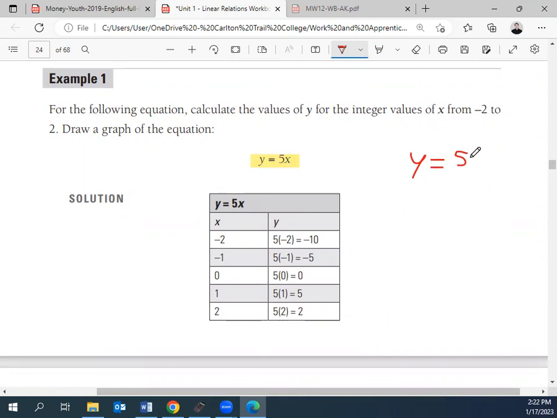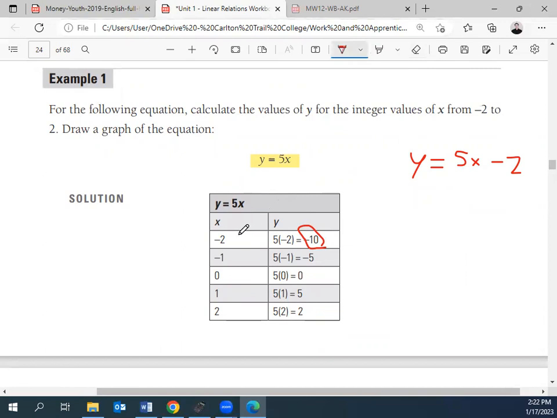So they just think, well, it's 5 times -2. That gave them -10. So when x is -2 on their chart, their y was -10. When x was 2 on their chart, their y was 10. Again, I'll show you what that means in a second, but that's how they figured this out.